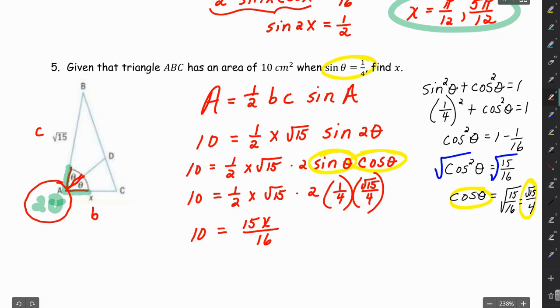And now I just solve for x. So I'm going to multiply both sides by 16 over 15. So I'm going to get x is equal to 32 over 3. And that's our final answer.